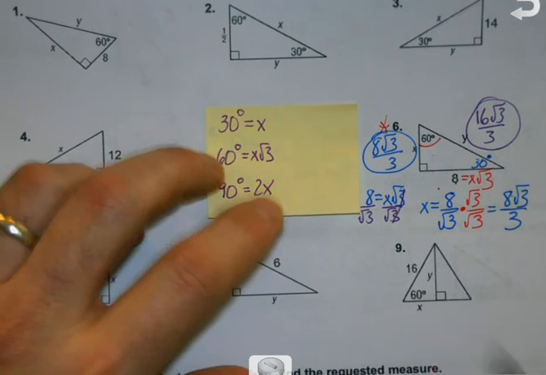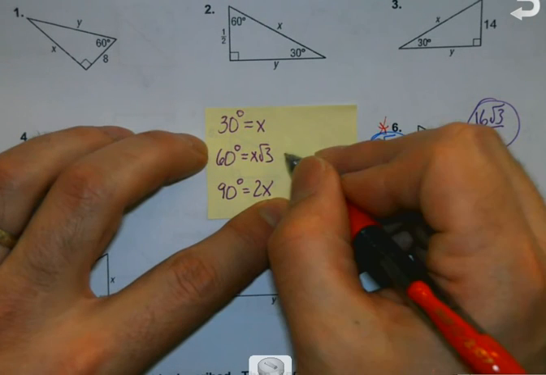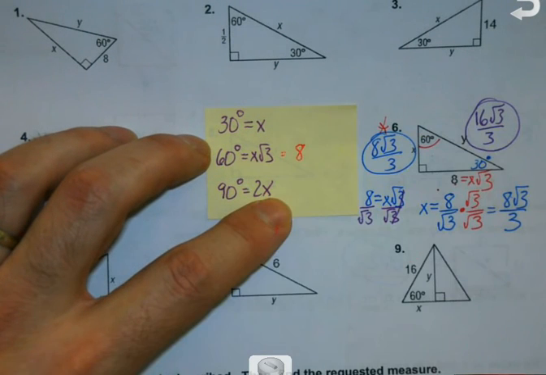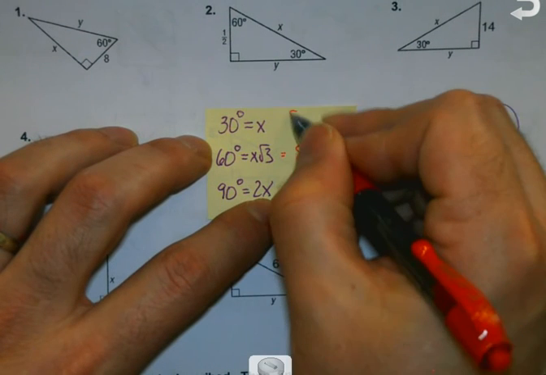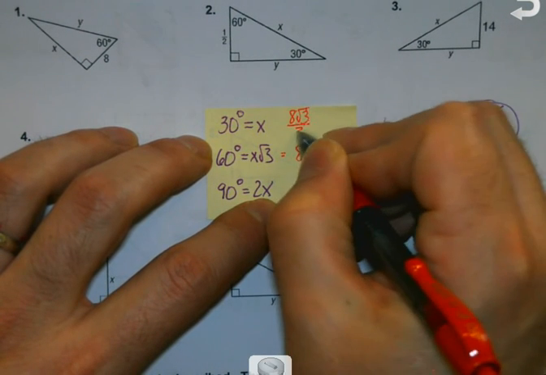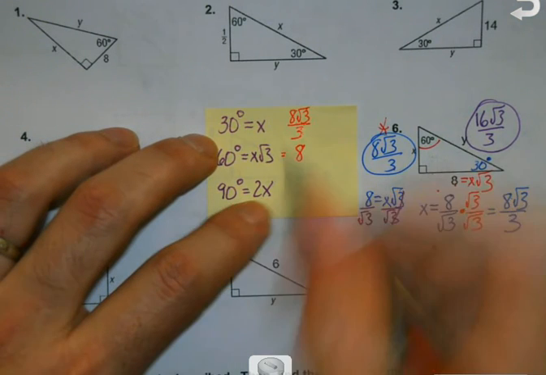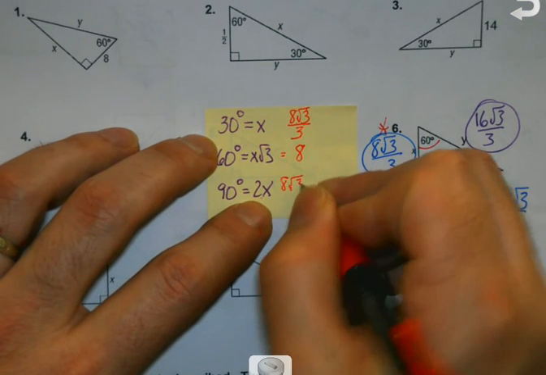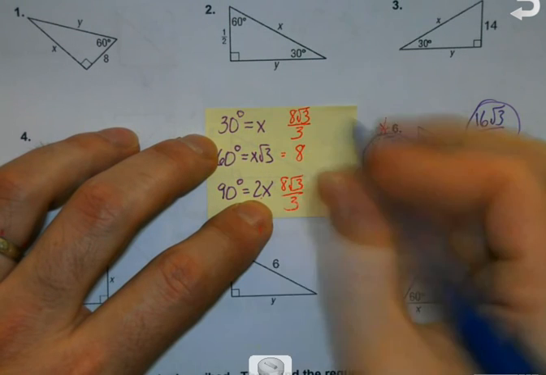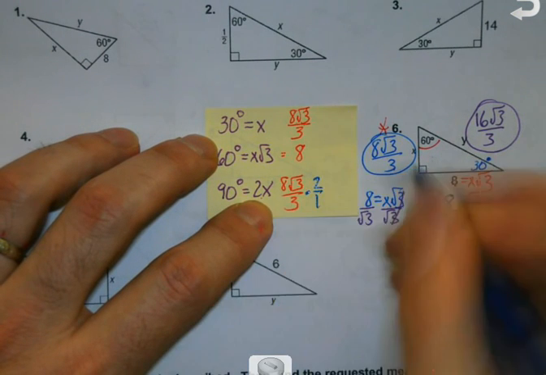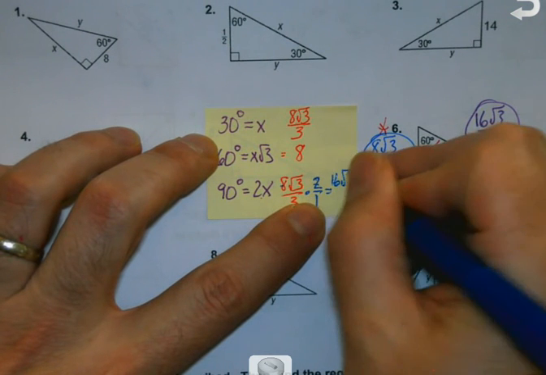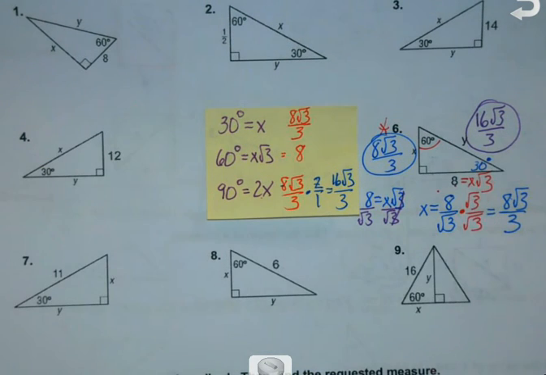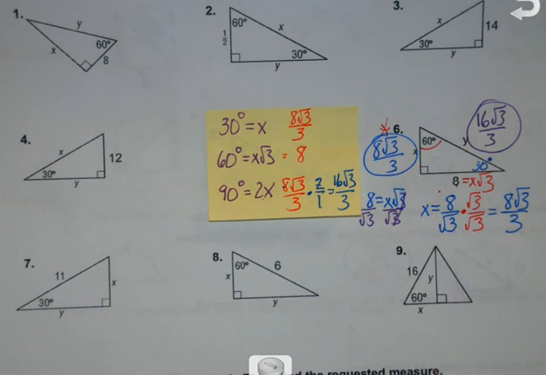Since my 60, my long side, was 8, we figured this all out and figured out that this is 8 square root of 3 over 3. 2x means I take 8 square root of 3 over 3 and I multiply it by 2. I can multiply the things together that aren't under the radical. And that's where the 16 came from. So I just take whatever this 30 is once I figure it out and I double it.